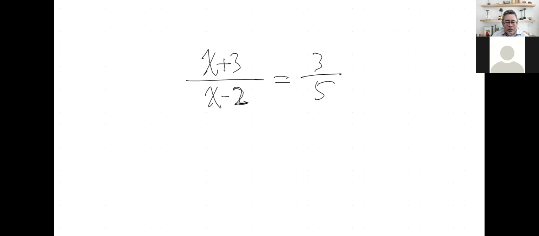I'm not sure where I went wrong. Okay, well, let's see, step by step, we did 5 times x plus 3. Are you okay with this step?